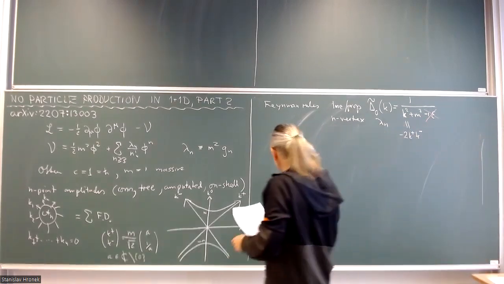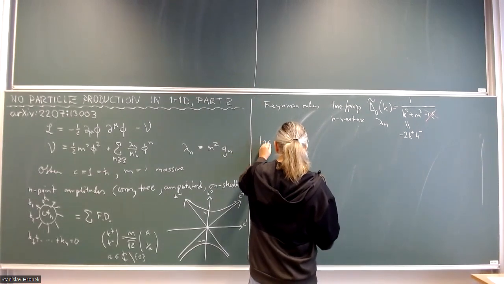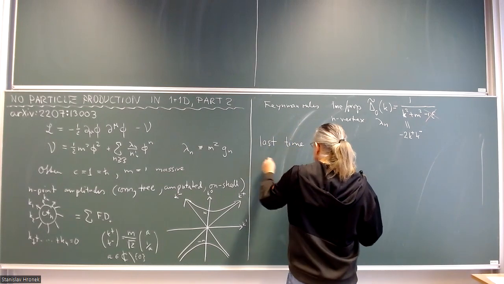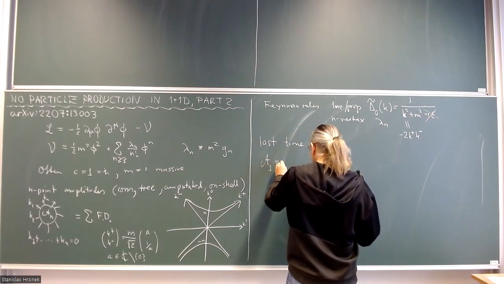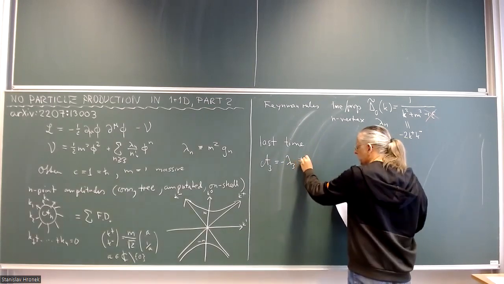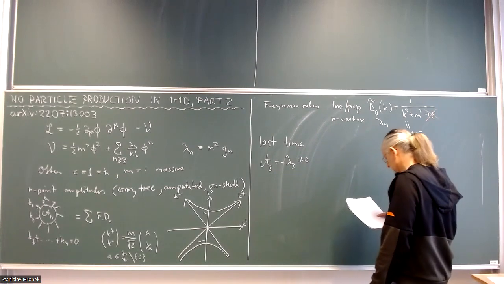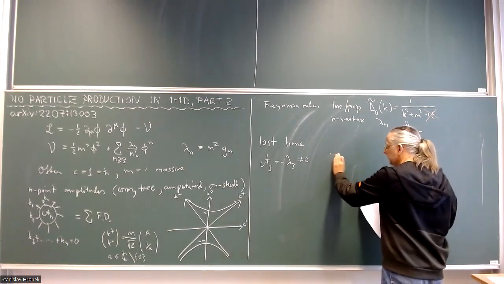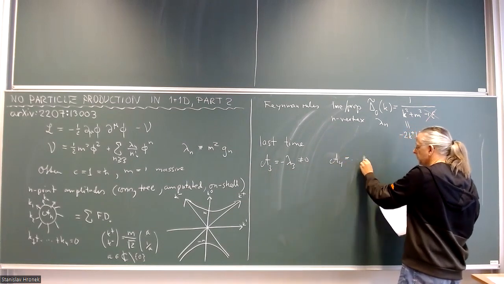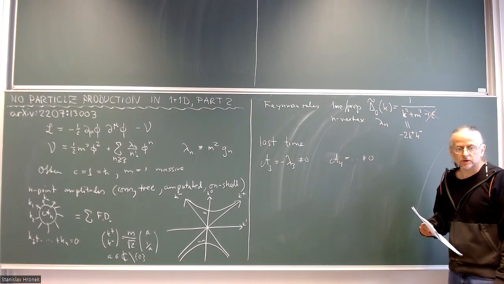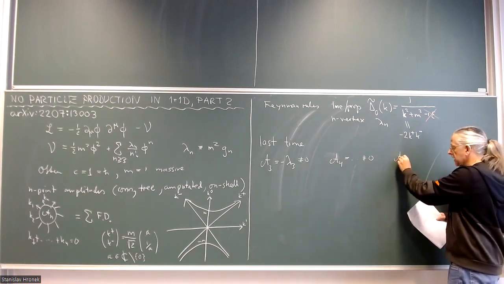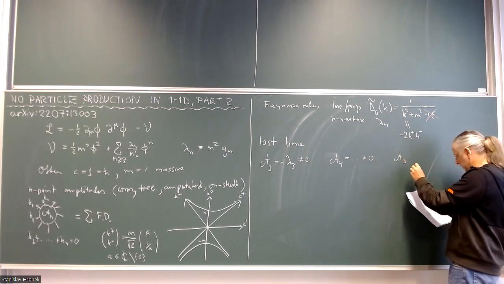Okay. Then last time we spent a lot of time calculating these amplitudes. The first one was very simple, just one diagram. We saw that A3 was different from 0, and we also computed the four-point function, which is also different from 0, with a sum of 4 diagrams. And then we spent a lot of time with the next two.